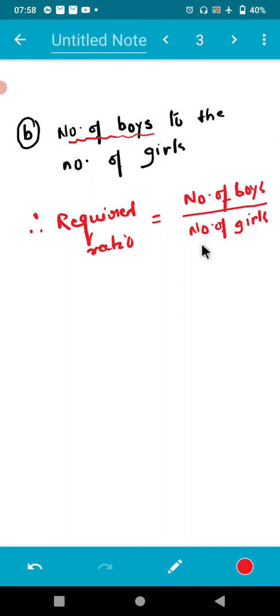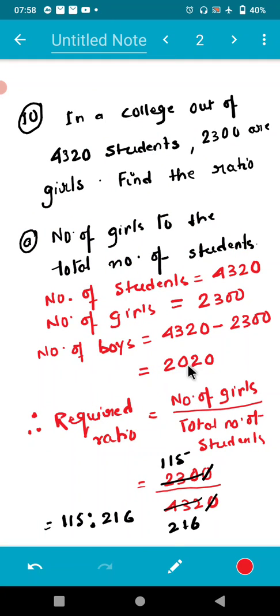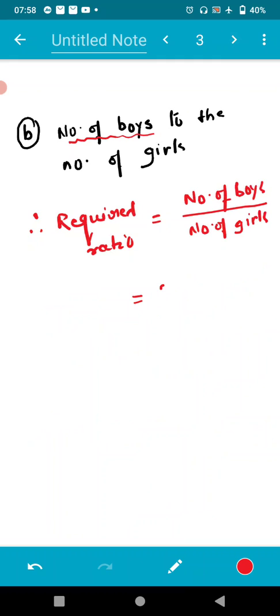Now what is number of boys? Number of boys is 2020, so in place of number of boys we write 2020, and in place of number of girls we write 2300.